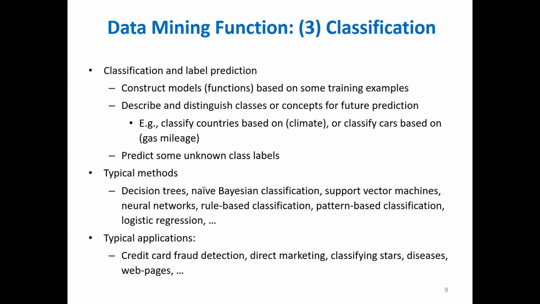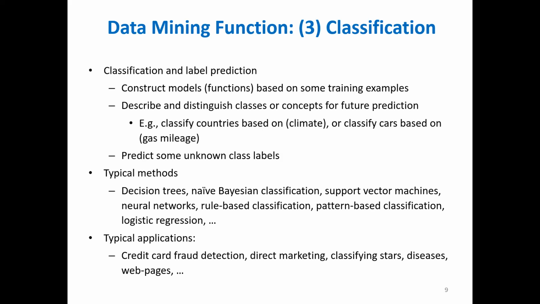Now, where is classification used in the real world? For example, if you have to detect fraud in a credit card on the basis of some patterns or some data set, then you can use classification. Or if you want to classify whether an email you get in your inbox is spam, primary, or promotion, in that case also you have to do classification.